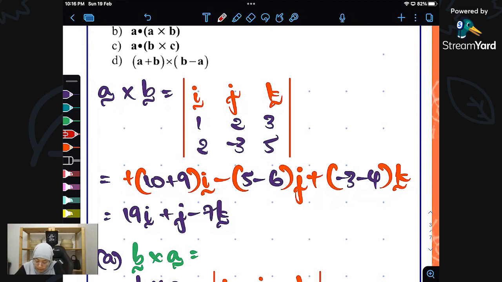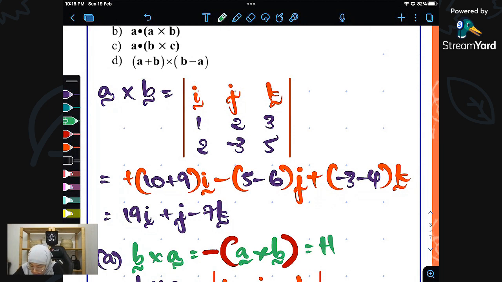So B cross A is equal to negative bracket of A cross B. Therefore, the answer is negative 19I minus J, and then plus 7K. So that is your answer for B cross A.